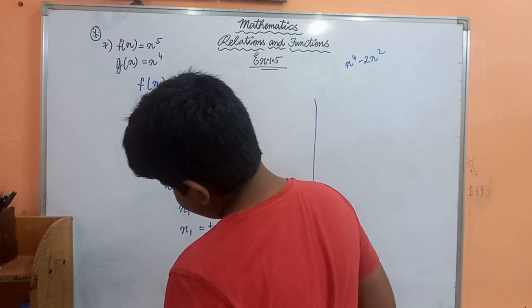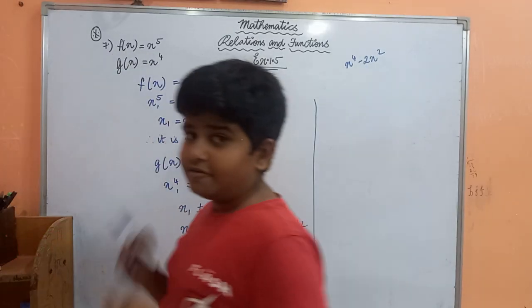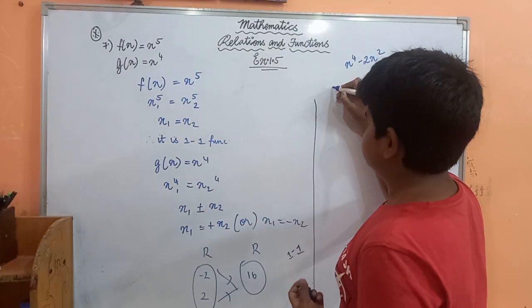Now the next thing is that we have to find out whether f∘g is one-to-one. So f∘g.